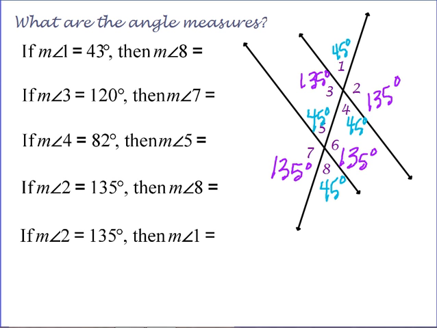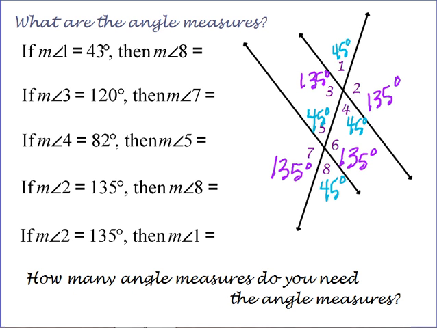How about if 2 is 135, then 1 would have to be 45 degrees. And last but not least, how many angle measures do you need before you can find all 8 angle measures? You only need 1. You can use all of our angle relationships to find the other 7 angle measures.